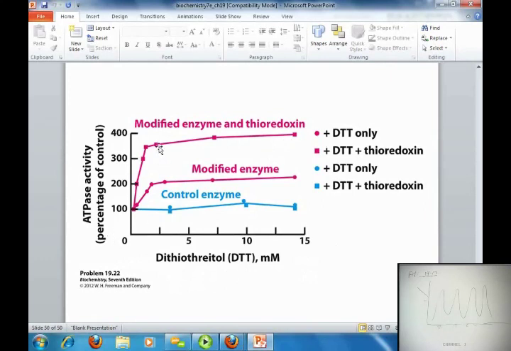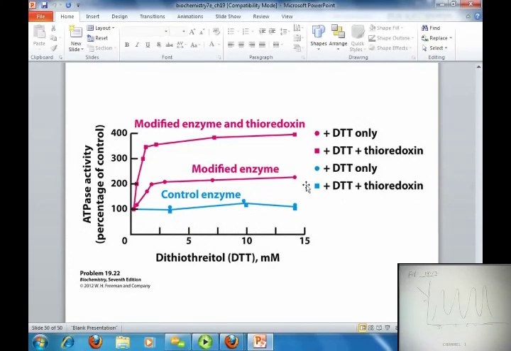So here more ATPase activity is being activated in the enzyme, with different concentrations of DTT only and DTT plus thioredoxin. When there is thioredoxin, it absorbs more electrons, and that will move the ATPase activity to produce more ATP. So the blue one is DTT only, and the other one is DTT plus thioredoxin.